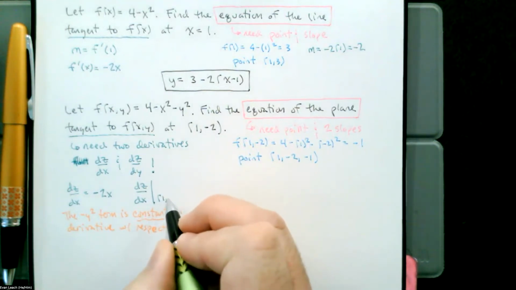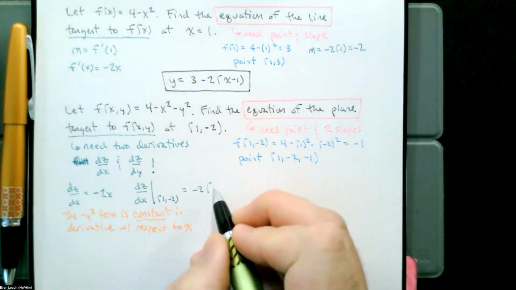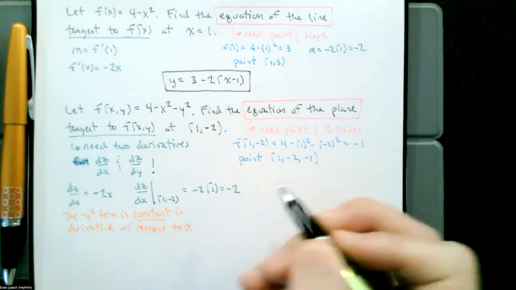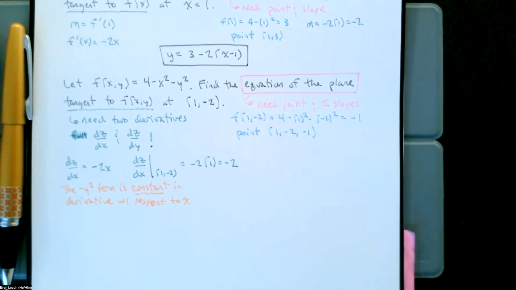So at this point, z decreases by 2 when x increases by 1. That's our slope in the x direction. We need another derivative.